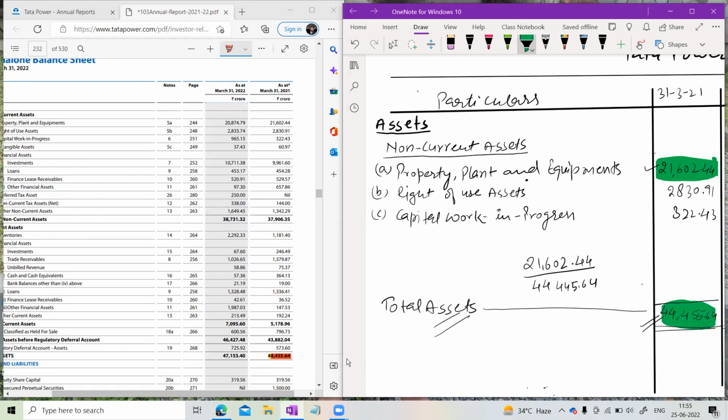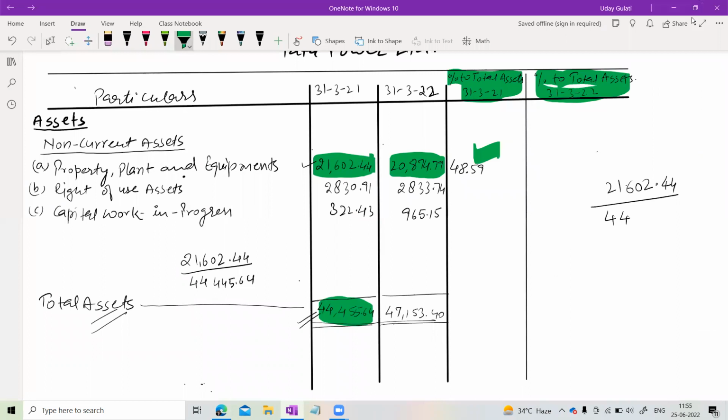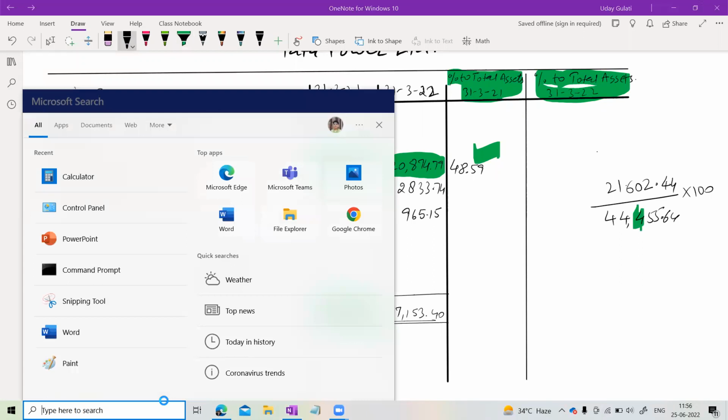So this is the total assets copied from the PDF of the balance sheet available on the net. In the third column, that is total assets 31st March 2021, we will divide each and every value with this total, 44,455.64, multiplied by 100.